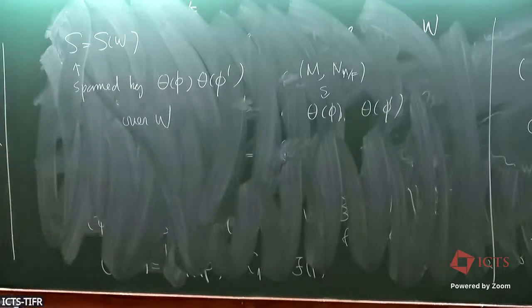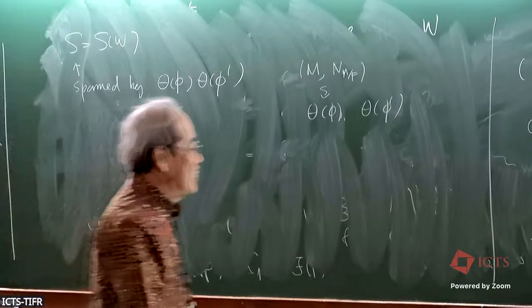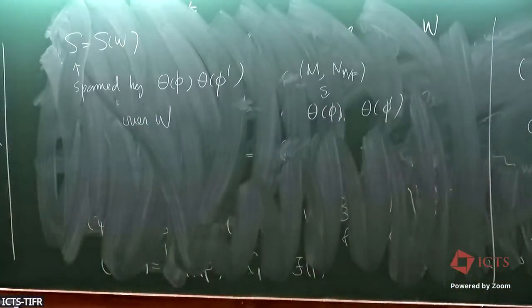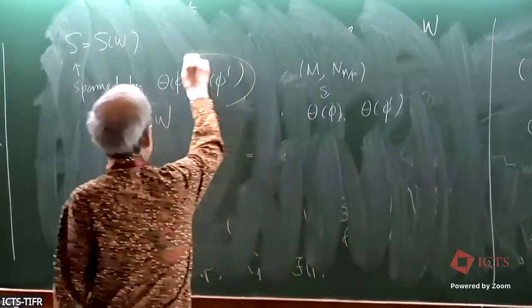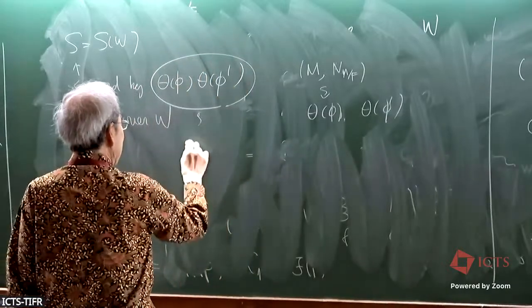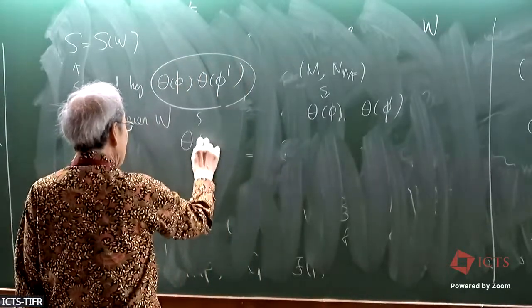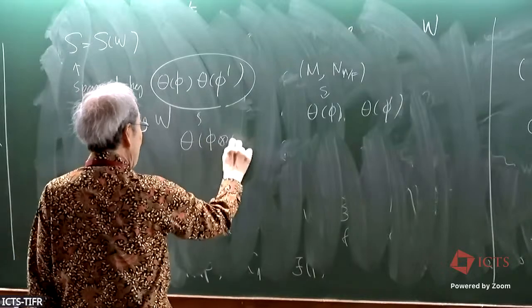And then apply this. That's how I prove it. But it's hard to show this. The product is actually essentially a four-variable theta series, phi tensor phi prime.